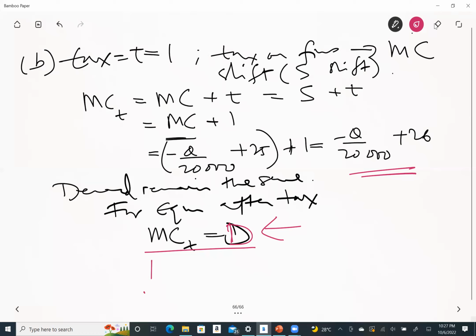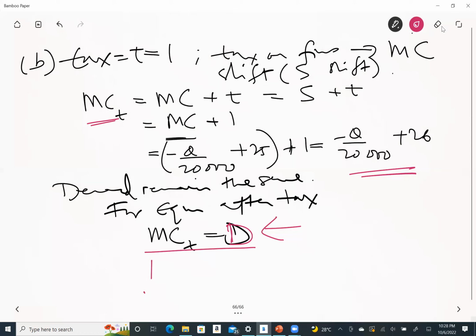Can supply become demand? No, that's not the supply. Negative Q over 20,000 plus 25, then plus 1, that is the demand function plus 1, not the supply after tax. You're right, I got confused. That's good, that means you are doing the right thing.